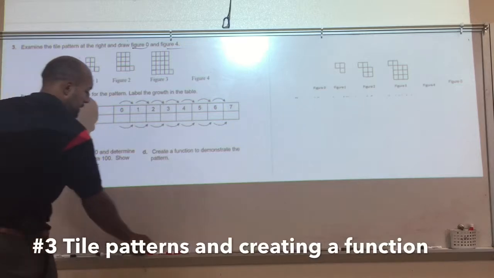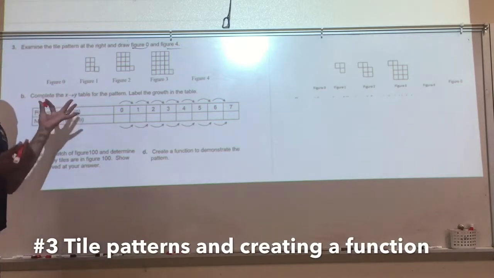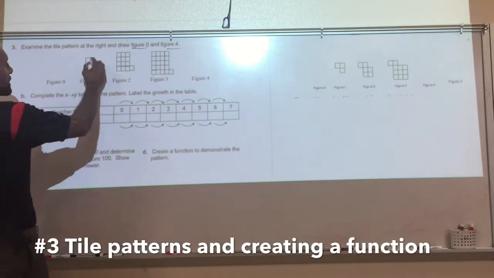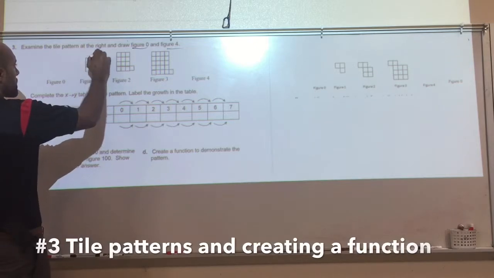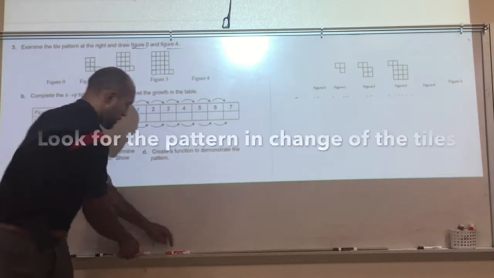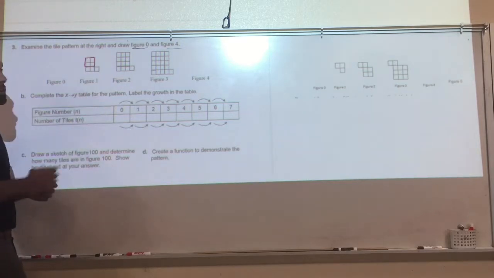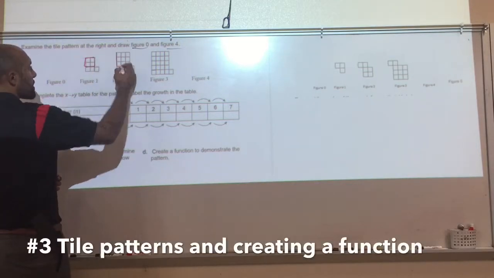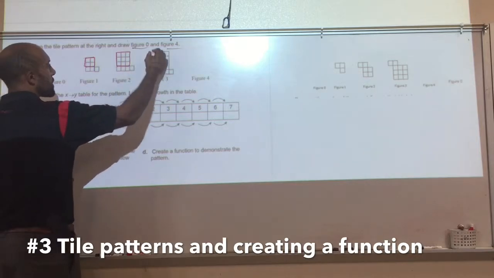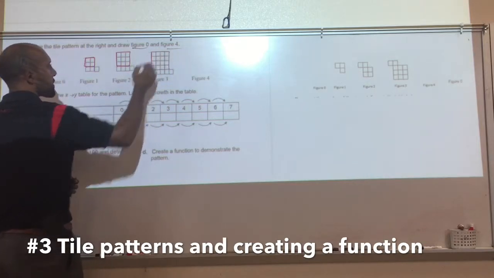As I look at these tiles, I'm noticing that there's always a perfect square on the top. There's a 2 by 2 square there, a 3 by 3 square here, and a 4 by 4 square there.